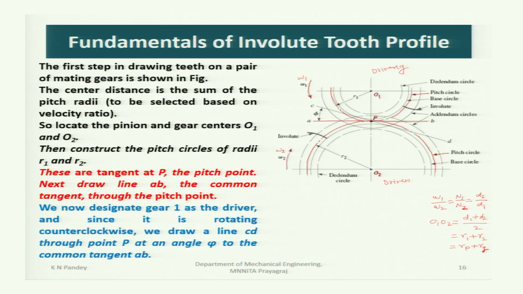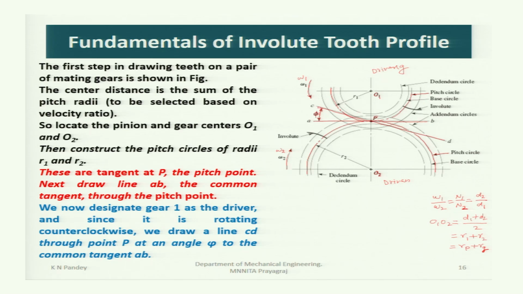Now draw a line CD passing through the pitch point and making angle phi with AB. AB is tangent to the pitch circles and passes through the pitch point.